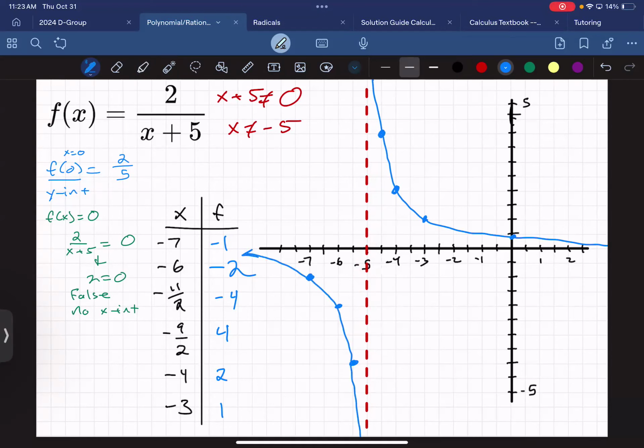All right. Now, if you wanted to, you could do something like -5.0001. What you're going to get is a very negative value that confirms that we should be going downwards. If you do -4.9999, you're going to get a value that's really big, that's positive, that confirms this.